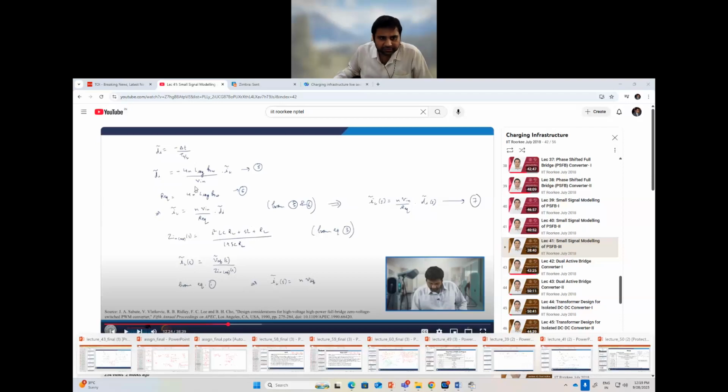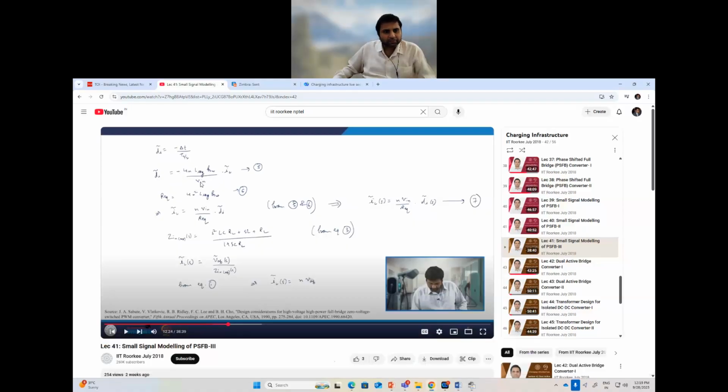It is just the expression which I have taken, and when you rearrange, you will get the expression something like this. Because if you see the relationship between di and IL, you will get V in by this particular expression. So this can be taken as a resistance term, and V in is now referred to the secondary side.